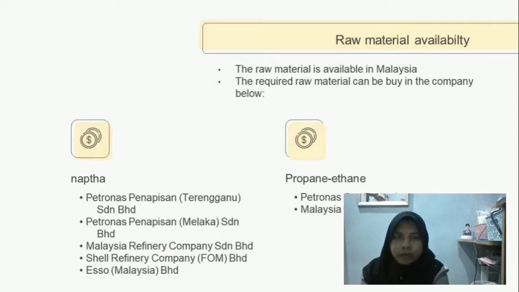For propane and ethane we can buy at Petronas Gas and Malaysia LNG 3 Sendirian Berhad.